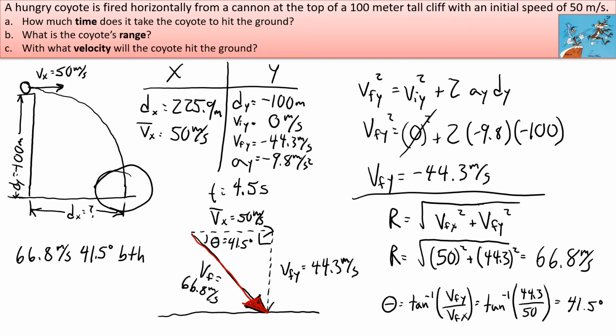I wouldn't call this north, south, east, or west anymore because this could be pointing in the northern direction right now. Think about the situation. Maybe he's being fired north or south or east or west. We don't really know. It doesn't specify, but we do know that this is the horizontal. So that's kind of how we'll name these velocity vectors. Along with this, what would this angle be if you wanted to say above the horizontal, possibly?